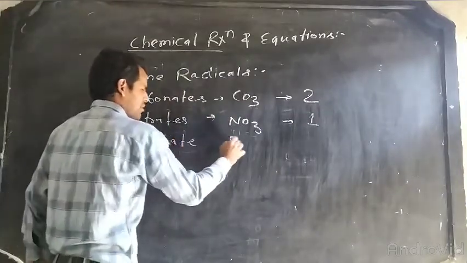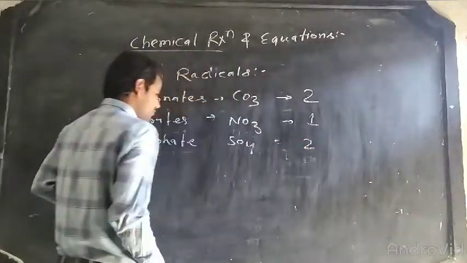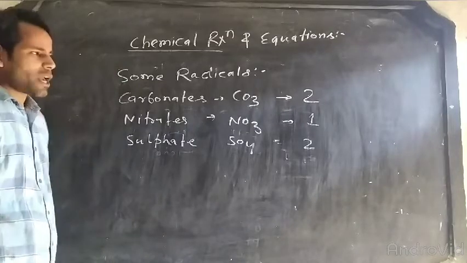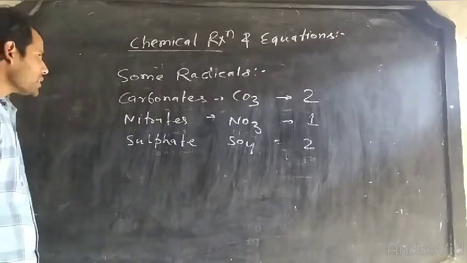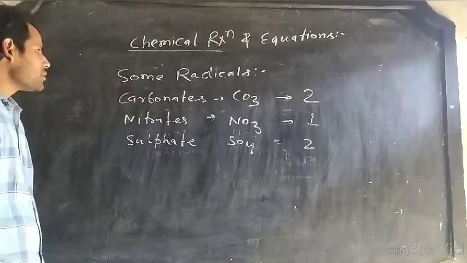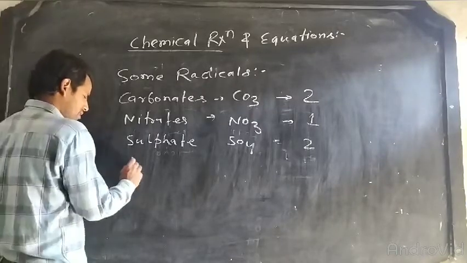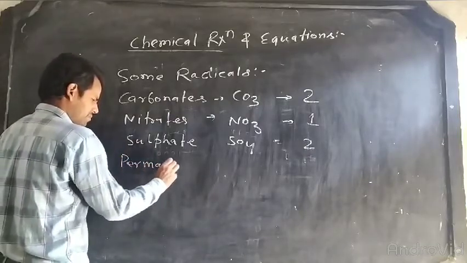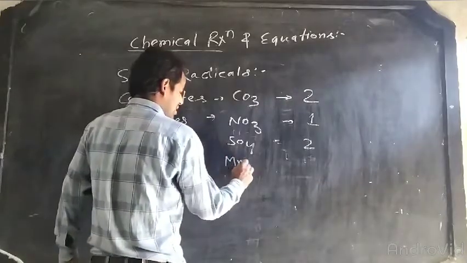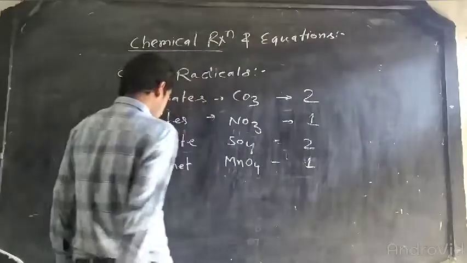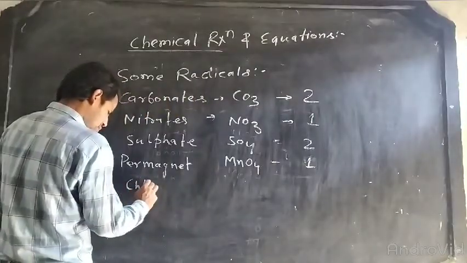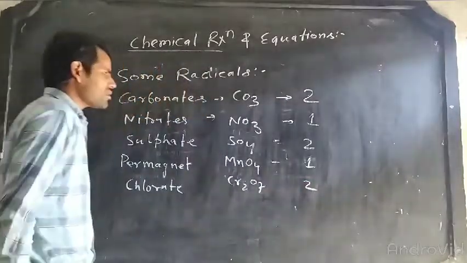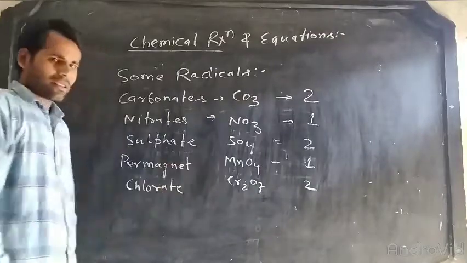Sulfate, SO4, valency 2. Very simple it is. If you learn these radicals, it is very simple to go through the chemical reactions. Permanganate, MnO4, valency 1. Dichromate, Cr2O7, valency 2. This is the valency, the symbol, and the name of the radicals.